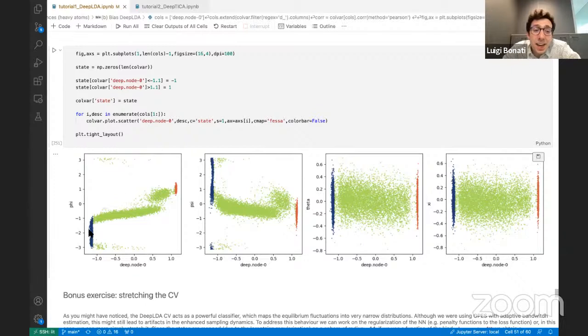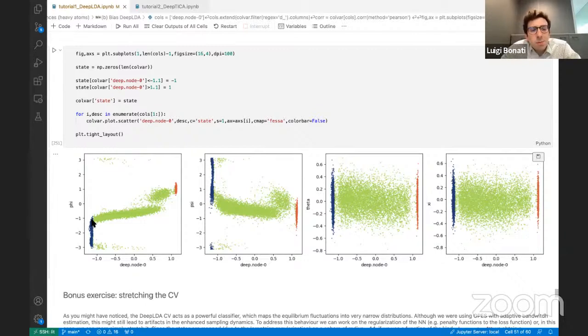But still, the relationship is far from being a linear correlation. So what we can learn here is that it's correlated, but in a nonlinear, complicated way.